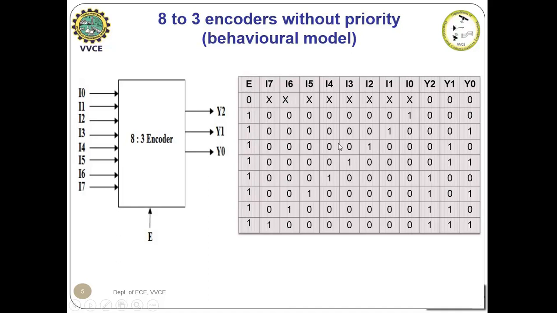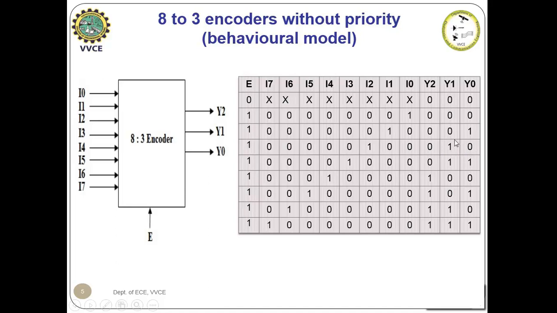Similarly, the next combination is when I1 is 1 and rest of the other inputs are 0, your Y0 will be high and Y1, Y2 will be 0. Similarly, the next combination, when your I2 is high with rest of the other inputs 0, Y1 will be high, Y2 and Y0 will be 0.